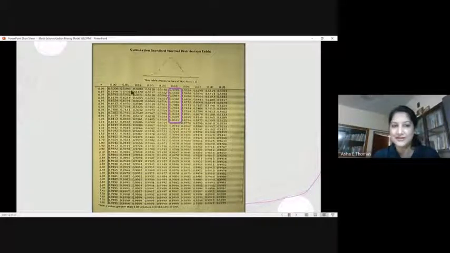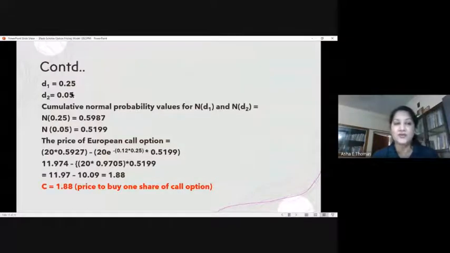It will be like this: 0.20, and I'm taking the value against 0.05, because 0.2 plus 0.05 gives me 0.25. So I get 0.5987. The cumulative normal distribution value of 0.25 is 0.5987. That's how I go with the computation.